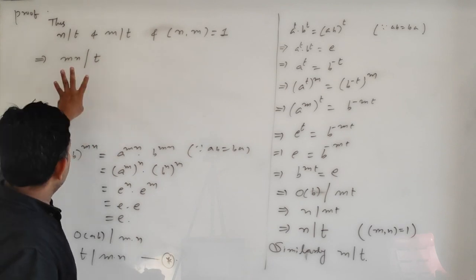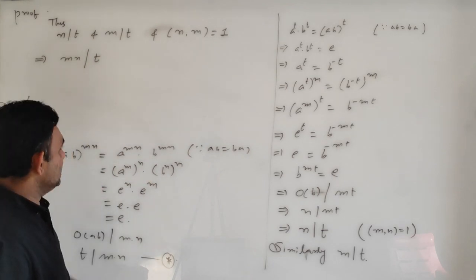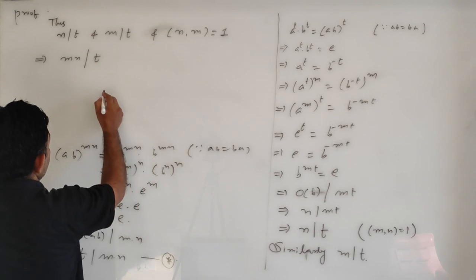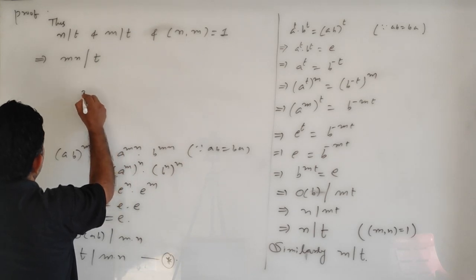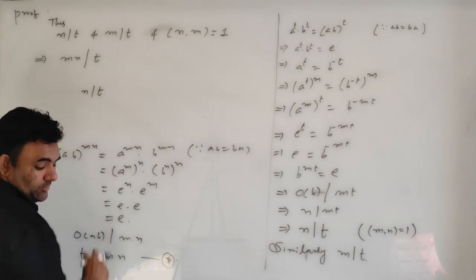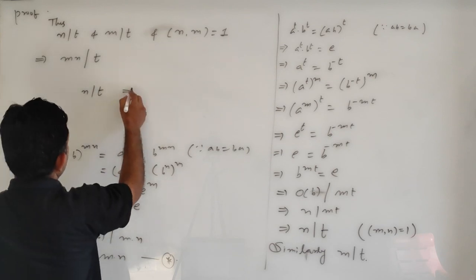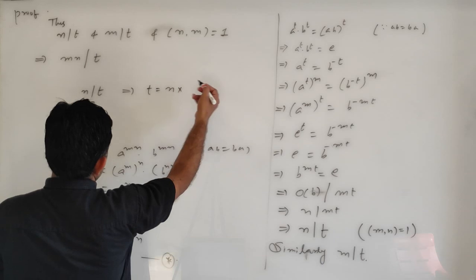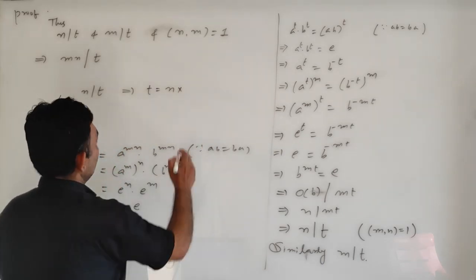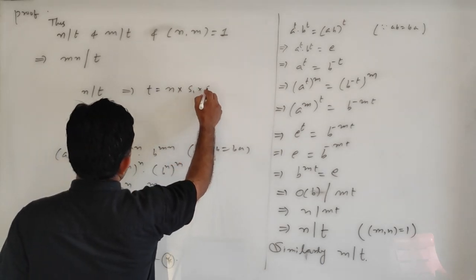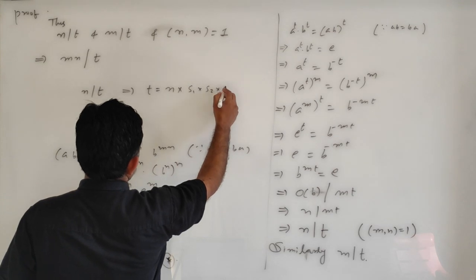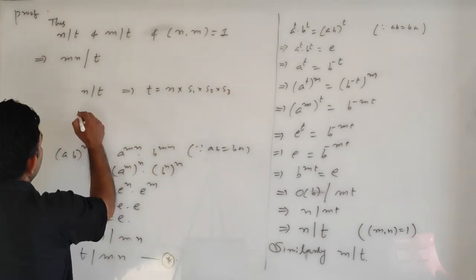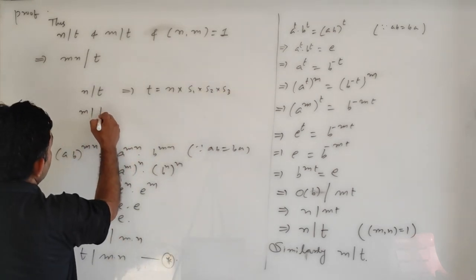Let me illustrate this by one example. Suppose N divides T. It means T is equal to N into something, let me say S1 into S2 into S3. And M divides T also.